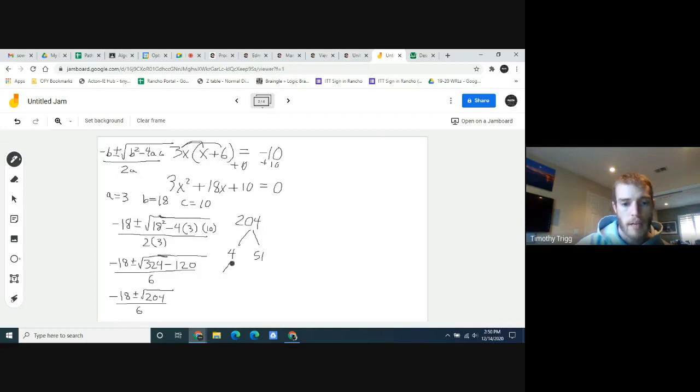Okay, the 4 breaks down to 2 times 2. These are prime. They don't break down any farther. 51 does, though. It's going to be 3 times 17.